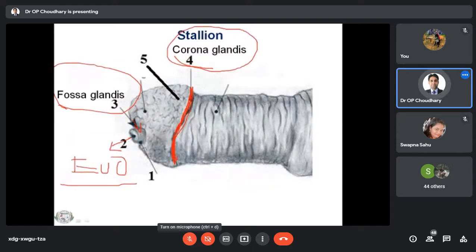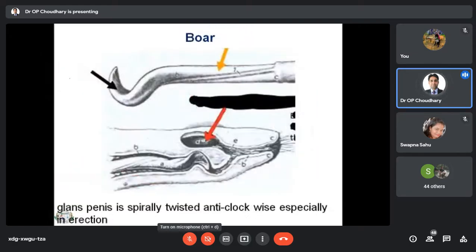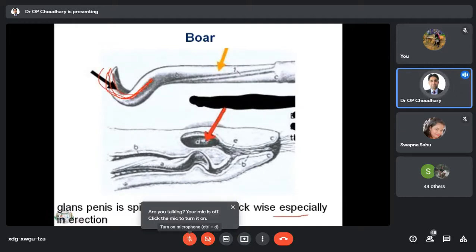In the boar, the glans penis is spirally twisted anti-clockwise. You can see here, anti-clockwise, spirally twisted, and it is present only in the boar. And in the boar, there is one more diverticulum present.